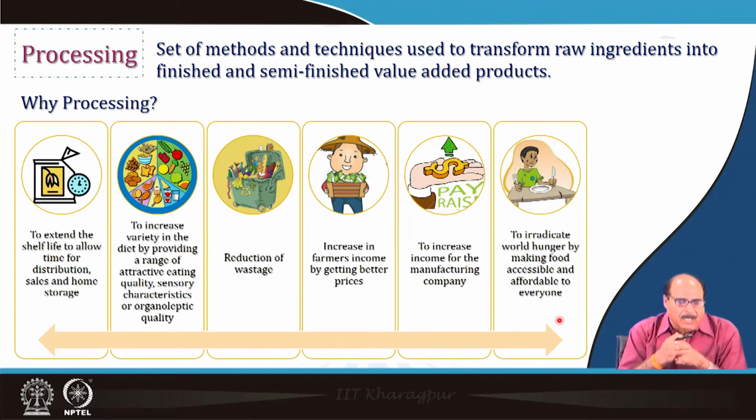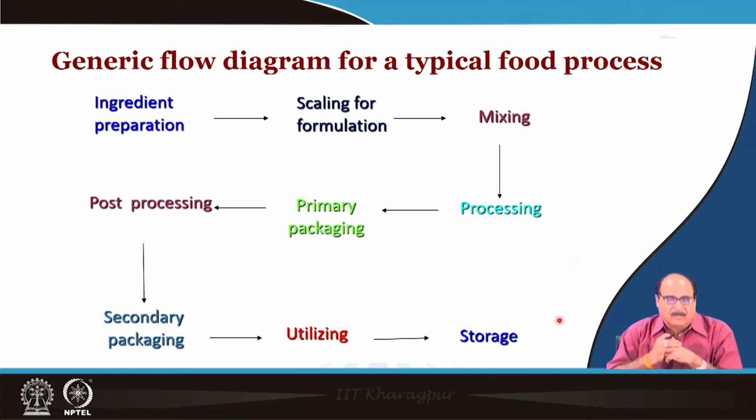To extend the shelf life and allow time for distribution, sale and home storage, to increase the variety in the diet by providing a range of attractive eating quality, sensory characteristics or organoleptic quality, reduction of wastage, increase in farmers' income by getting better prices, to increase income for the manufacturing company, or to eradicate world hunger by making food accessible and affordable to everyone. So these are the objectives of processing.